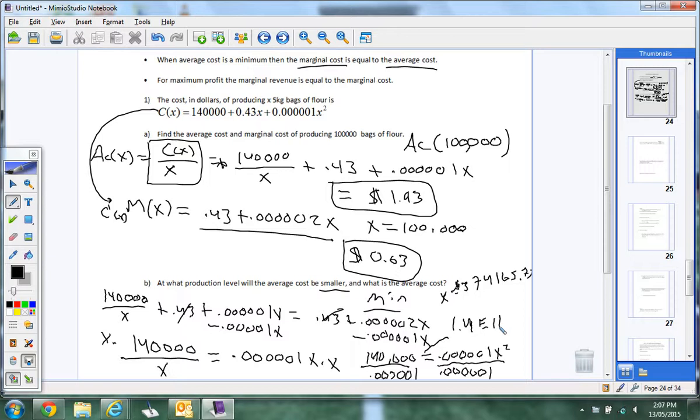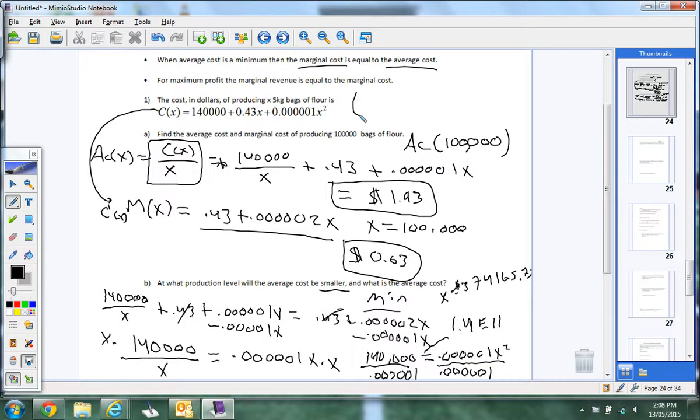Okay, and so then it says, at what production level will the average cost be smaller, and what is the average cost? So this is the level. So we plug this in, and it'll give us how much a bag. The X is the level of production, and the Y is our output for money. So you can put it right back into the cost equation, and it's a point.